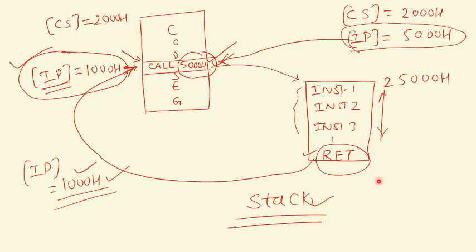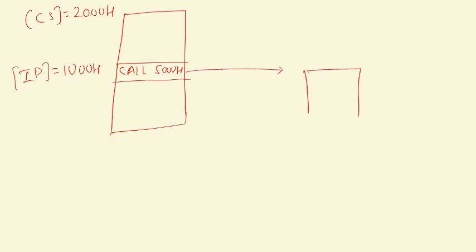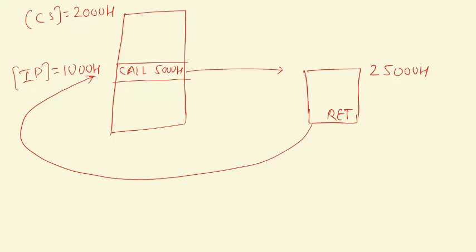Now how is the content of IP loaded into the stack? Suppose the code segment register is 2000H, and somewhere at this offset is IP, which is 100H. Now CALL 500H. The new memory location will be 20500H, and there will be RET, and after execution of the return, the program moves back to the original position, that is, the content of IP will be loaded again with 100H.